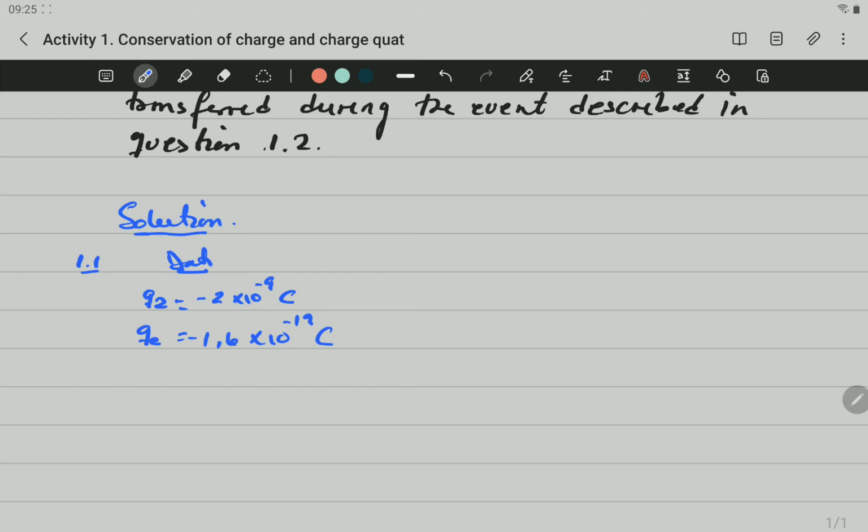That is the charge of an electron, and we're looking for the number of electrons that are in excess. Using charge quantization, the charge is equal to the number of electrons multiplied by the charge of one electron. In this case we use the symbol small q, but it doesn't matter. The charge is minus 2 times 10 to the minus 9 coulomb, and this is equal to N e multiplied by minus 1.6 times 10 to the minus 19 coulomb.